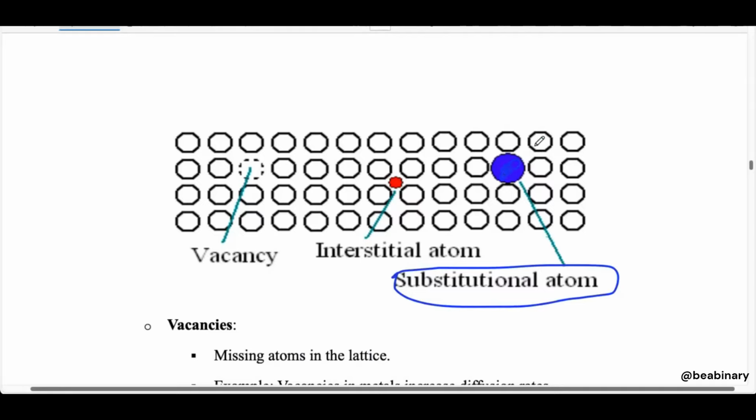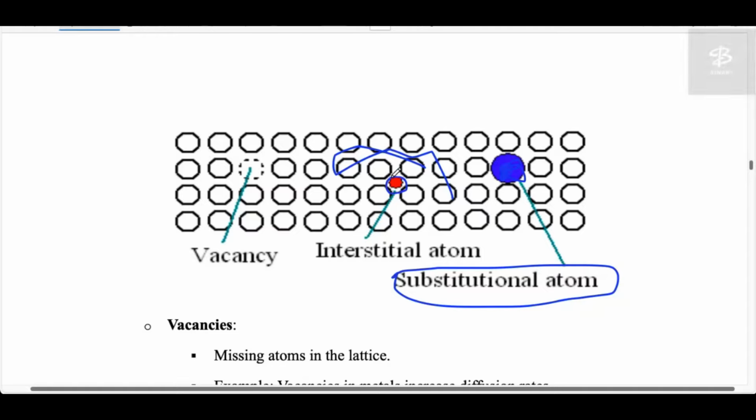In this case, all the white atoms are present, just an arbitrary name that I have taken, and you have replaced some with the blue ones. But in the interstitial atom, you have not disturbed the crystal structure. The white ones are all present at their own places, but you have inserted some other foreign atom in the space which was left here like this. So this is your interstitial atom.